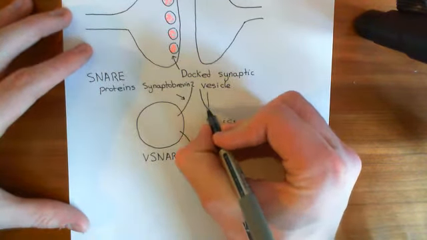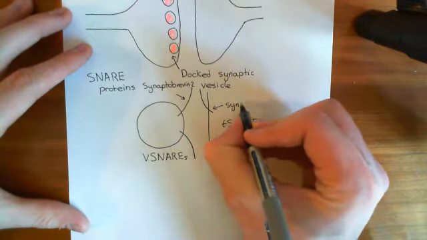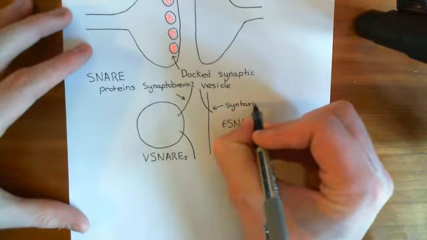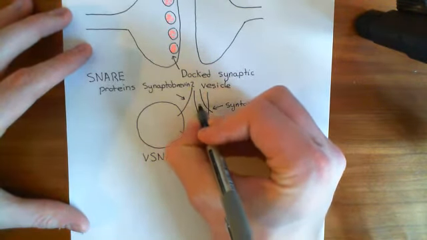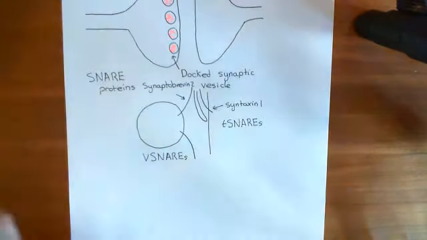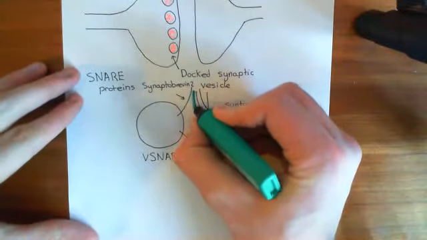And the first of which is Syntaxin 1 here. So this is Syntaxin 1. And then another one here, which is SNAP25. Okay, so let me just colour these in. So SNAP25 will colour in turquoise.